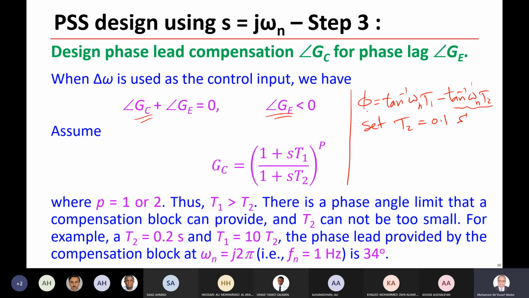So you can add this here and you can get the angle, or take tan of both sides. So you can have omega n T1 equal to tan of phi plus that angle. So you can solve for T1.